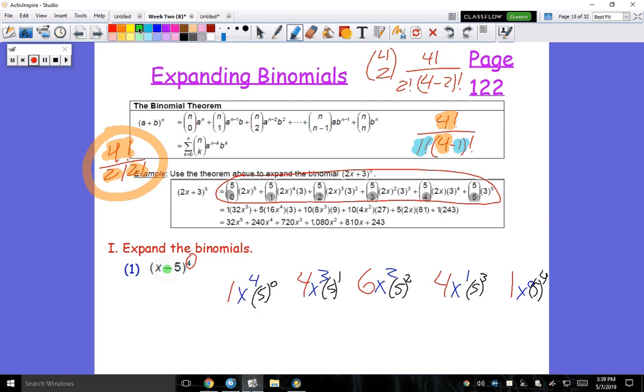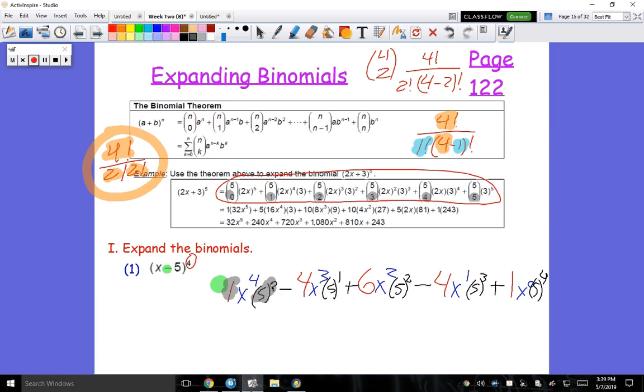Because this is subtraction, it will start with positive, then negative, then positive, then negative, then positive. Remember, you always start positive and then alternate if this is subtraction.